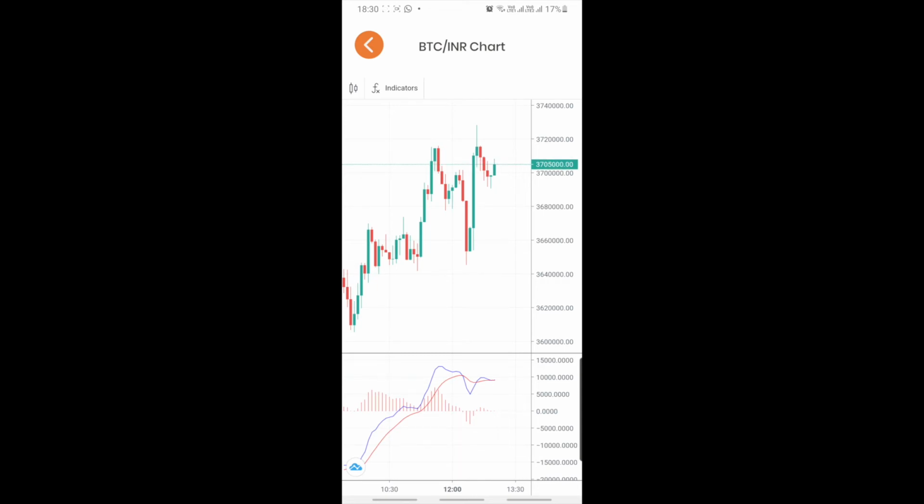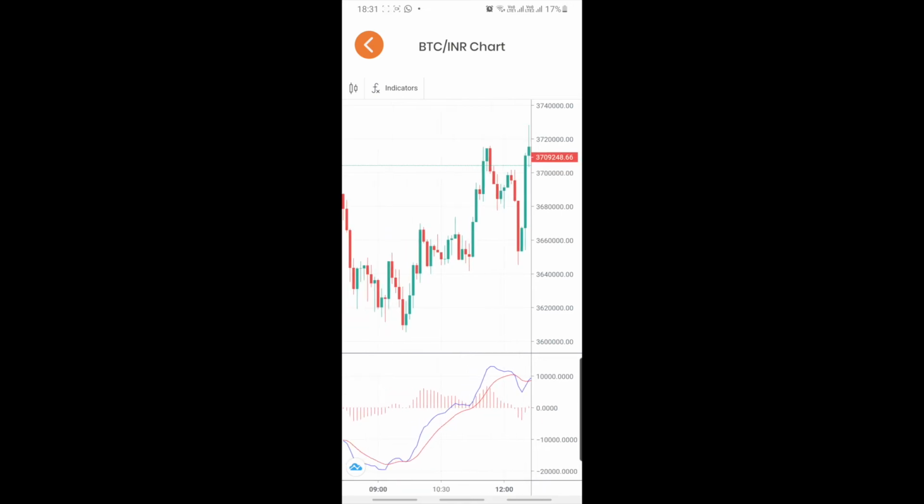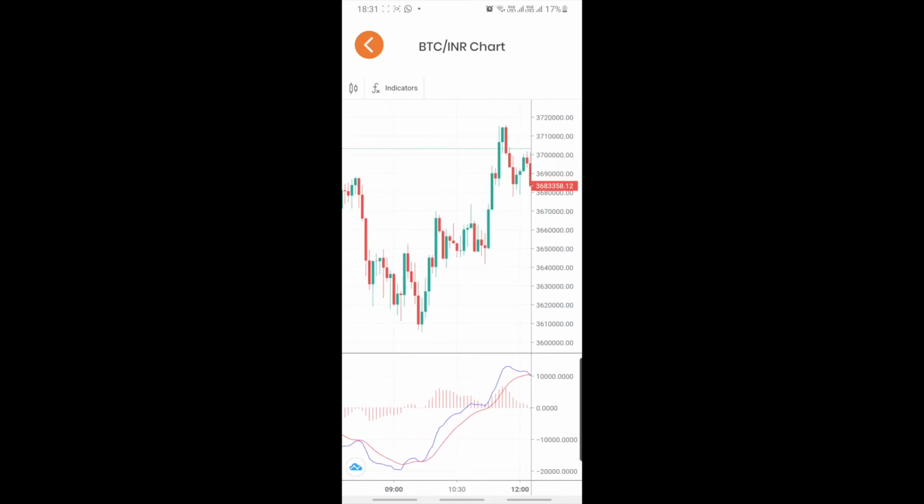We have the red line and the blue line. The blue line indicates the faster moving average and the red line indicates the slower moving average. So whenever both of these lines converge with each other and then diverge again, that means it's the start of a new trend. You have to keep that in mind, because it means the price wouldn't follow the trend it was following before and you would have to take a different path.